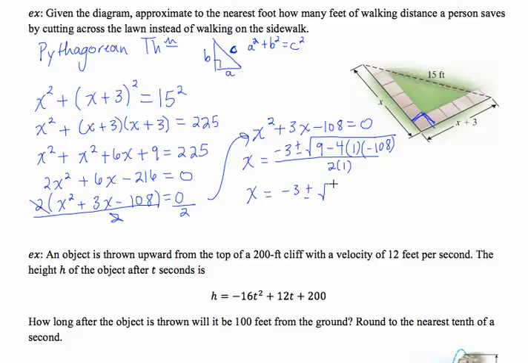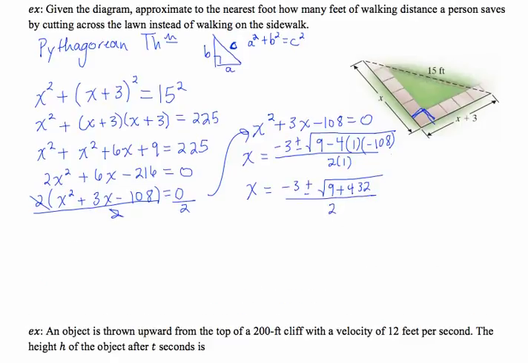Simplifying under this radical, we have 9 plus, because we have a negative times a negative, 108 times 4 is equal to 432, and this is all over 2. So keeping on simplifying, 9 plus 432 is 441.